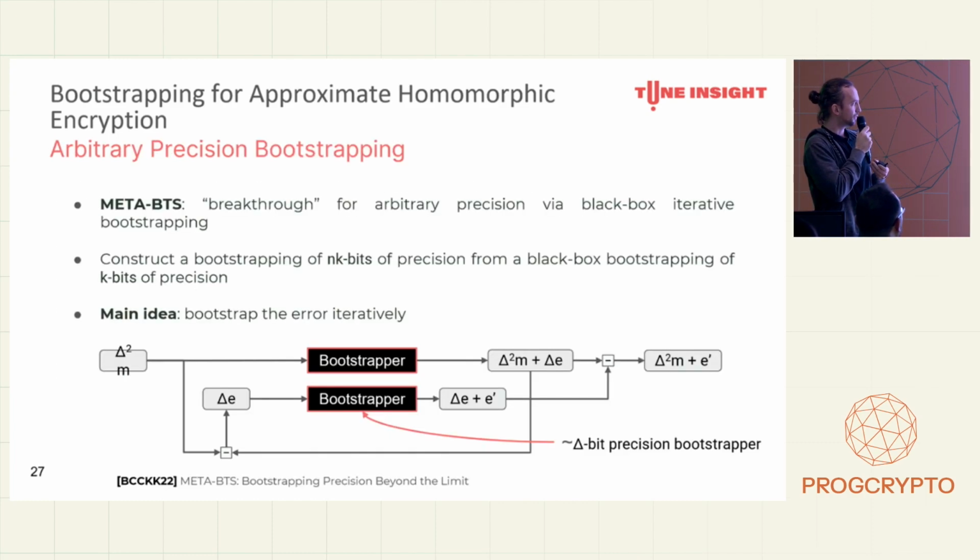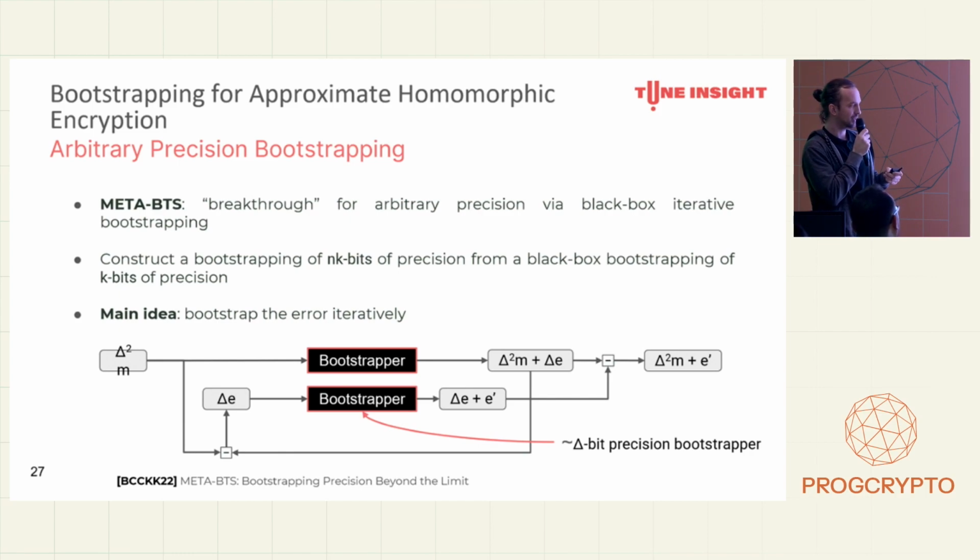And recently, there was a work that was kind of a breakthrough that showed how you can get arbitrary precision bootstrapping, because the issue of bootstrapping is that you have a fixed precision that is really hard to get above without having to increase the parameters to something that becomes impractical. And they show how using a simple black box bootstrapping, you can construct a new bootstrapping circuit that has a precision that is twice as much as the previous one, and how to compose them to have an arbitrary precision bootstrapping.